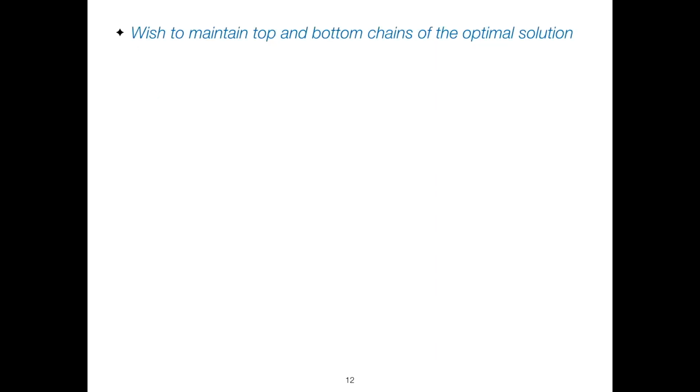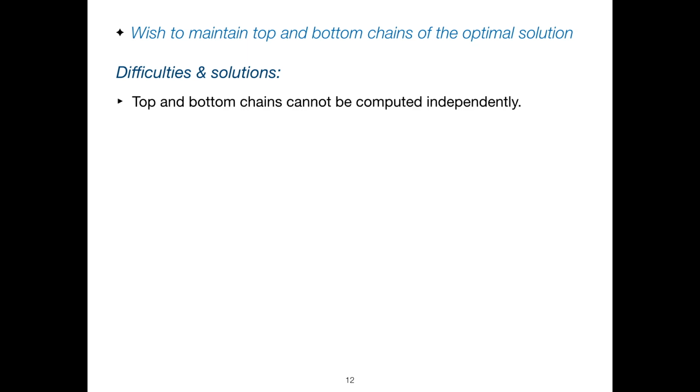Intuitively, we wish to maintain top and bottom chains of the optimal solution, but we encounter some difficulties in bringing down the running time. First is that the top and bottom chains cannot be computed independently, because if the top endpoint is selected for the top chain, then the bottom endpoint of this segment cannot be added to the bottom chain.